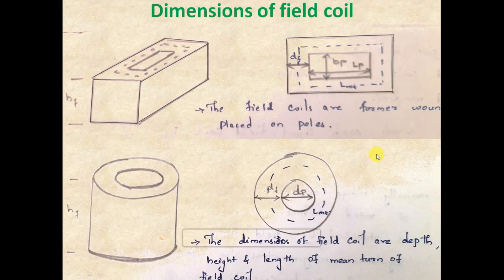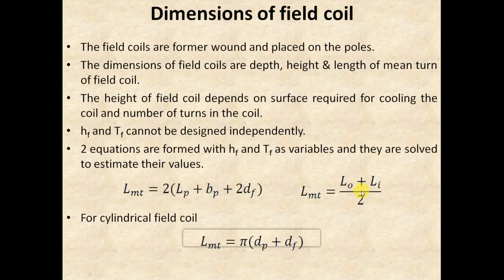That is, if the lengths of outer turn and inner turn are known, then we can easily determine the value of mean turn length by taking the average of outer turn length and inner turn length. That is, the relation for LMT will be LO plus LI by 2. That is the length of mean turn when a rectangular pole core is being used, or when a rectangular field winding is being used.